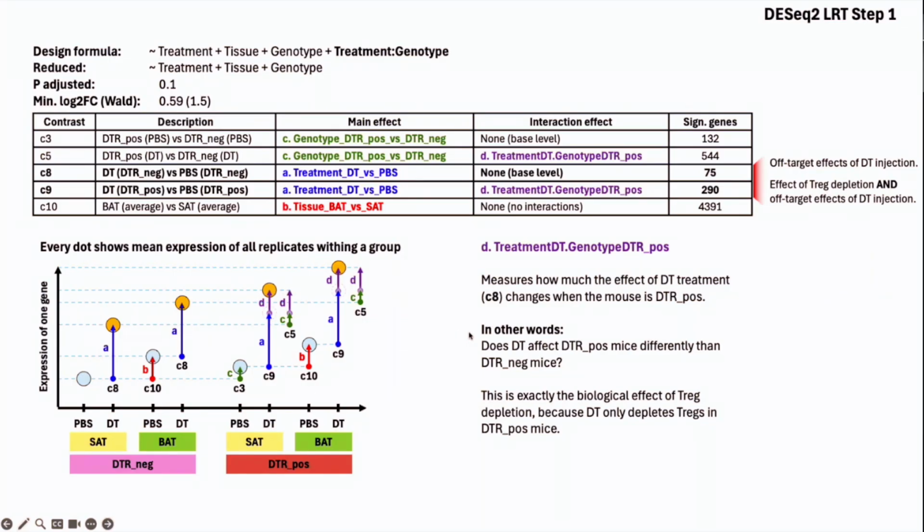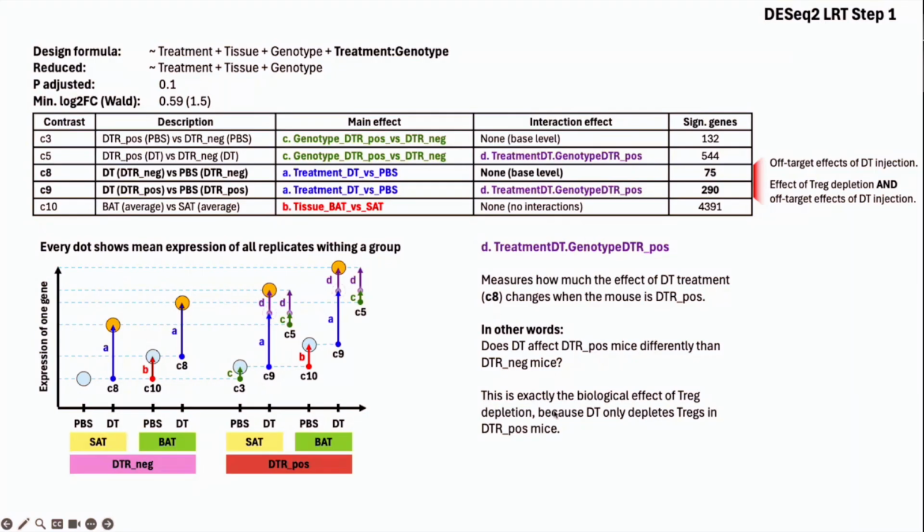So here I explained exactly the same thing that I just told, but in slightly different words. This interaction measures how much the effect of DT treatment changes when the mouse was not DTR negative but DTR positive. Or in other words, does DT affect DTR positive mice differently than DTR negative mice?